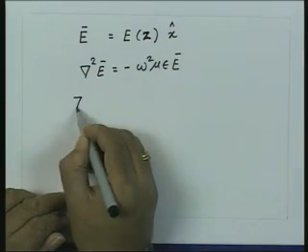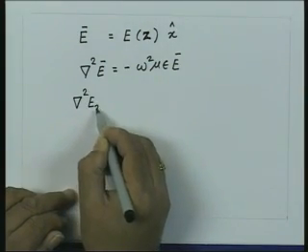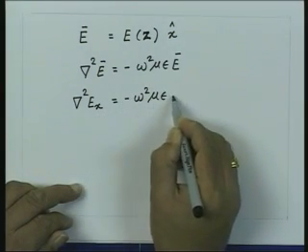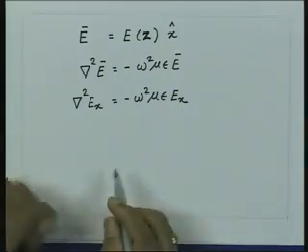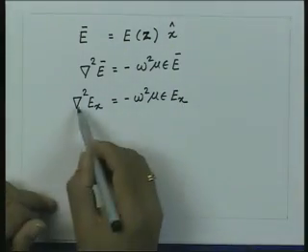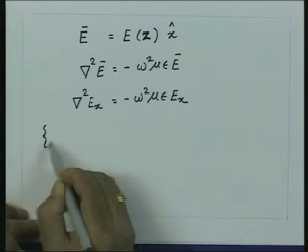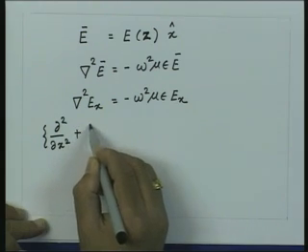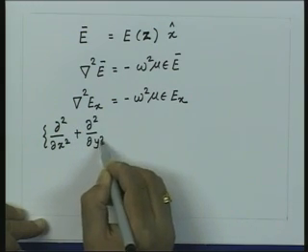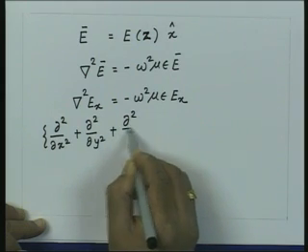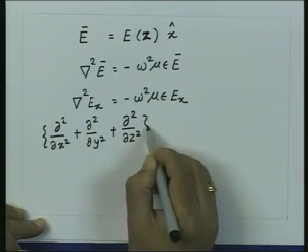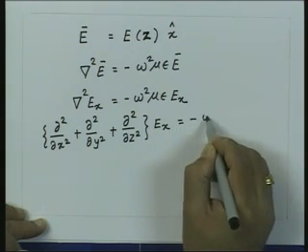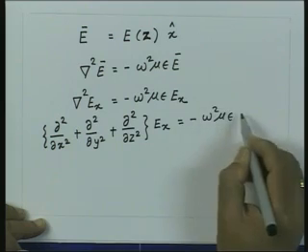So, essentially I have here del square of the x component is equal to minus omega square mu epsilon into the x component. I can expand this del square in the Cartesian system, and that is d2 by dx square plus d2 by dy square plus d2 by dz square operated on Ex, that is equal to minus omega square mu epsilon into Ex.